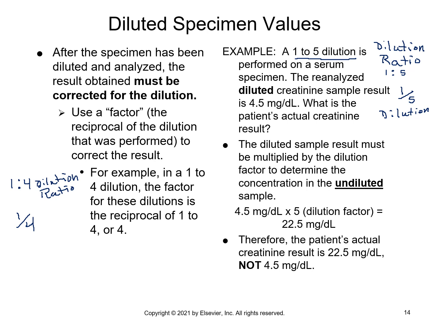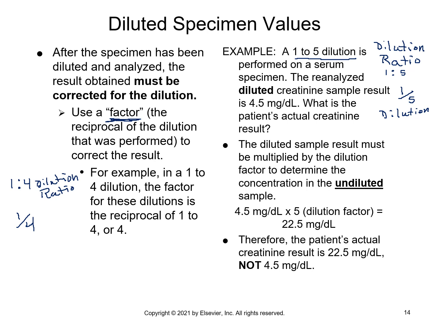After actually making your sample dilution with your parts sample and your parts diluent, and you have that solution that you run on your analyzer, once you get that result, you need to do something else with it, because remember, you've diluted out that sample, so that value is only a fraction of what it should be. So what we use is the dilution factor, which is what we term that number, which is the reciprocal of the dilution that you performed.